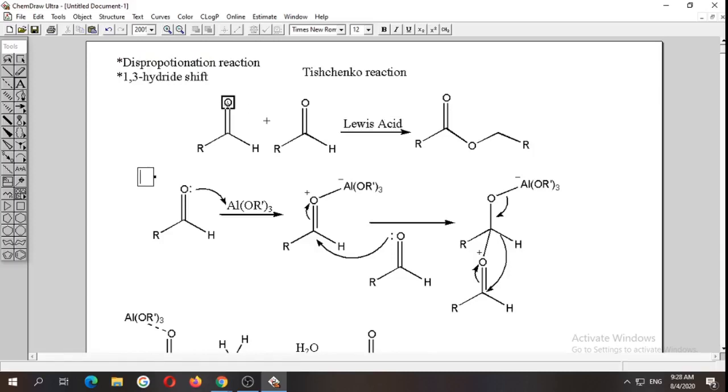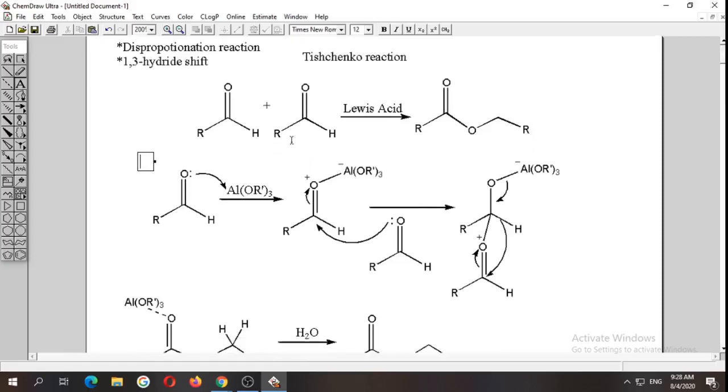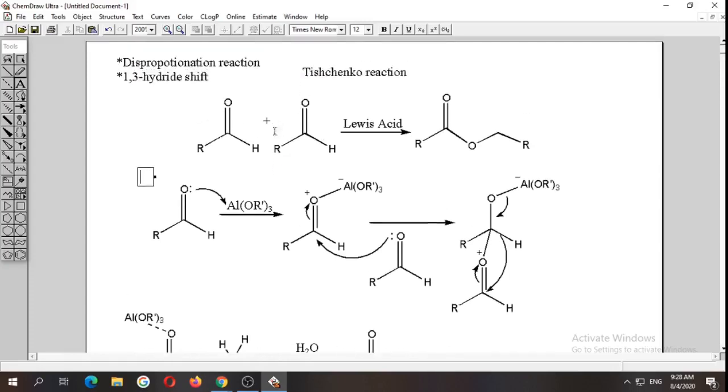In this case, you are making this one aldehyde even more reactive, while in the other case, you are making this oxygen even more reactive. In one case, the Lewis acid attacks here and makes the other aldehyde attack this carbonyl group, making this carbon even more electropositive.